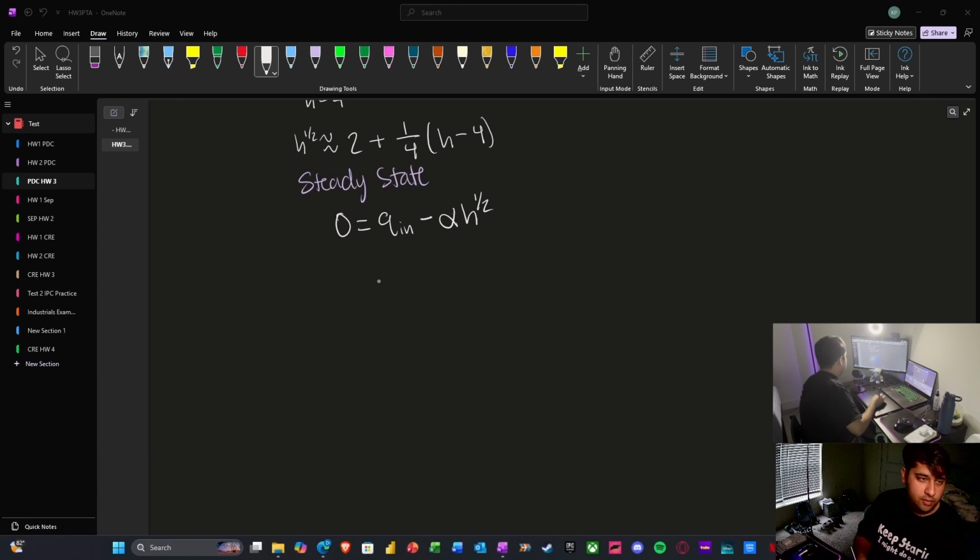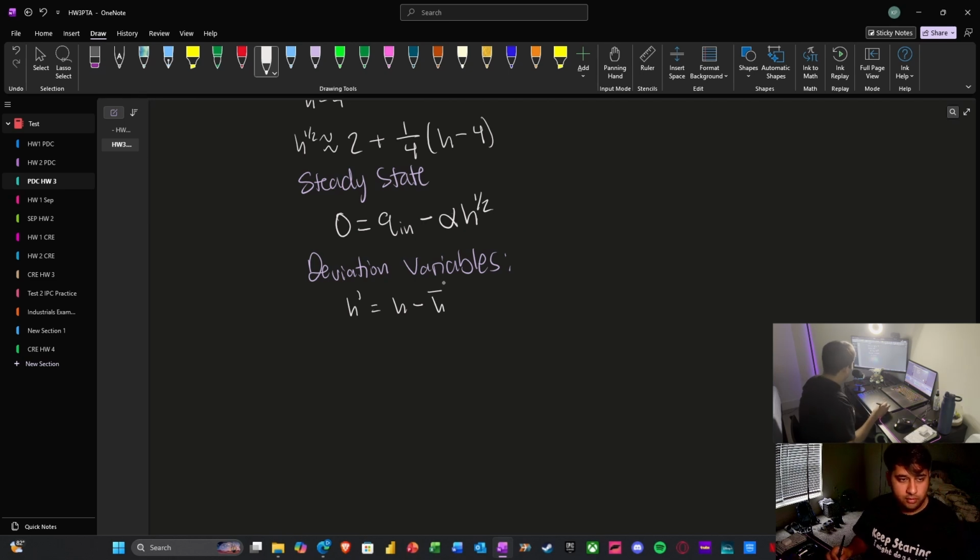Okay, so now we're going to apply our deviation variables. Basically what this is saying is we're going to take h prime, and that's just h minus h bar, which we have up here, and we're going to apply this same concept throughout.